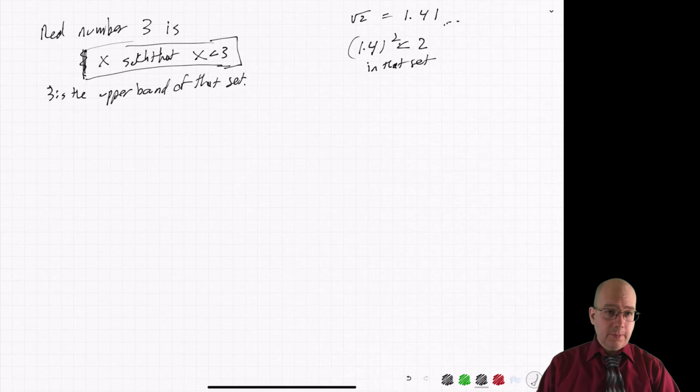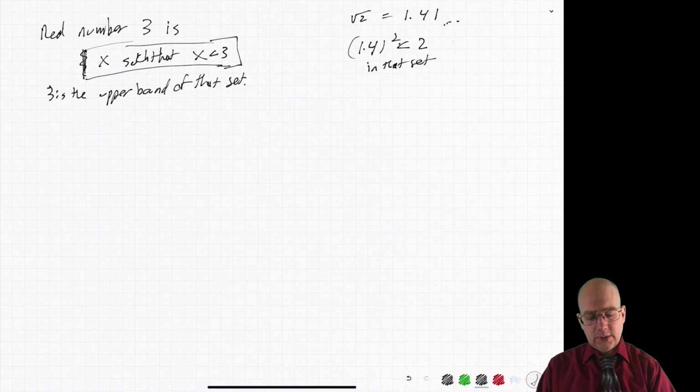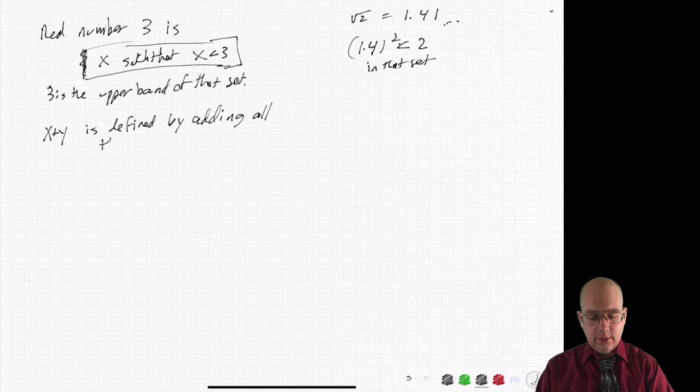All right, so just like before, we need to define addition and multiplication. So x plus y is defined by adding all the elements in the two sets.